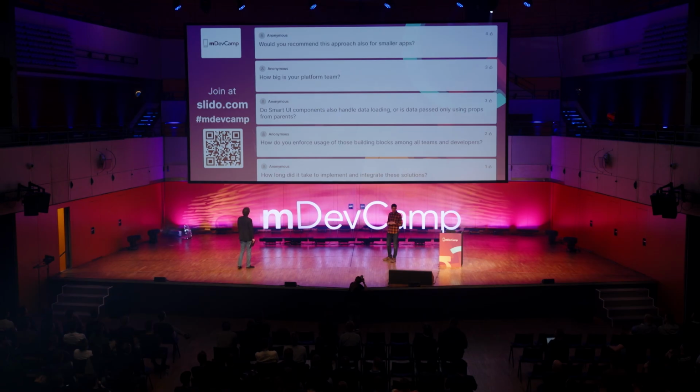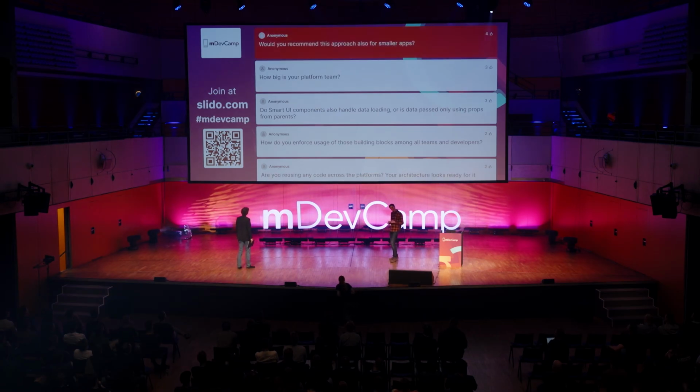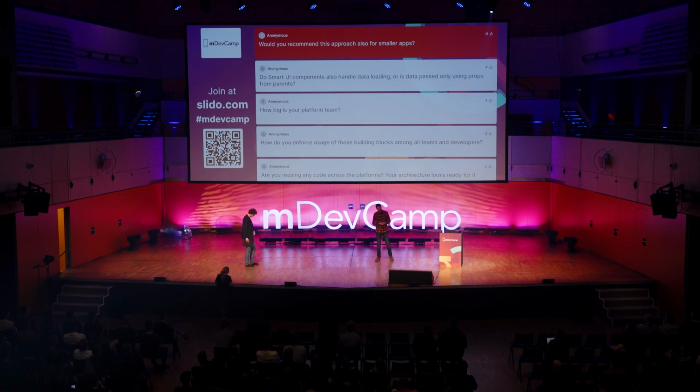Okay, would you recommend this approach also for smaller apps? I definitely wouldn't recommend building a new solution from scratch that lightly, but what I would recommend would certainly be a closer alignment of the concepts between platforms.